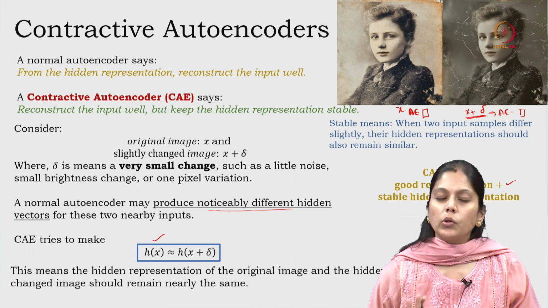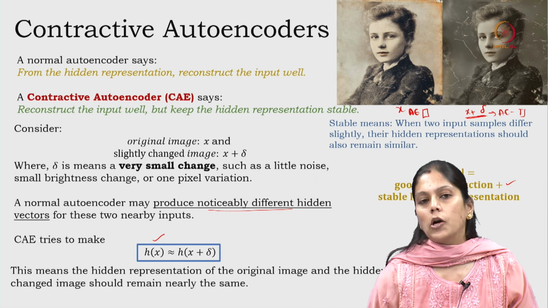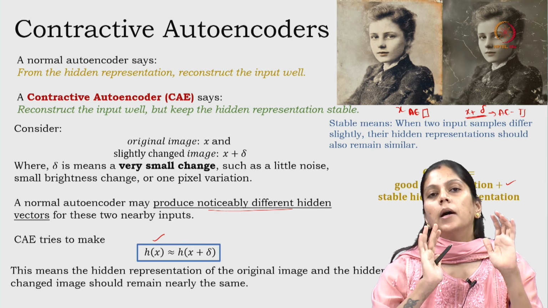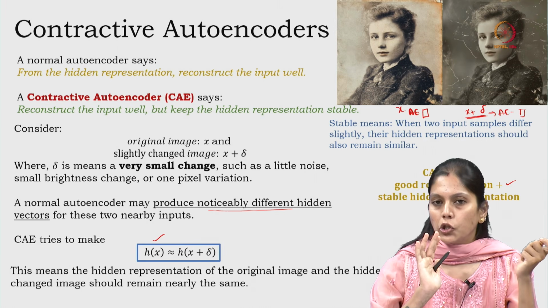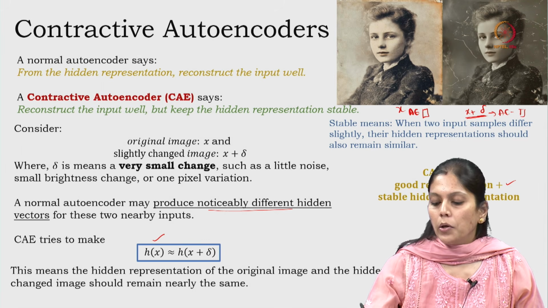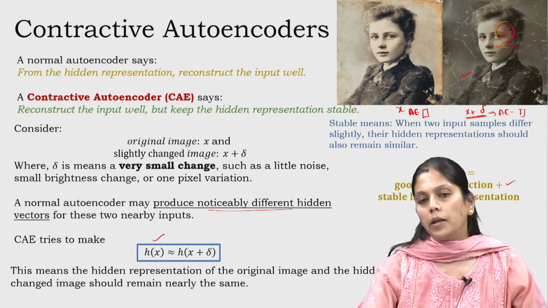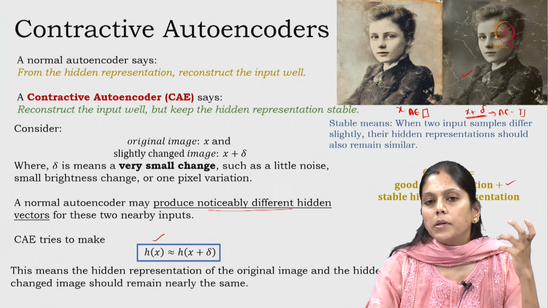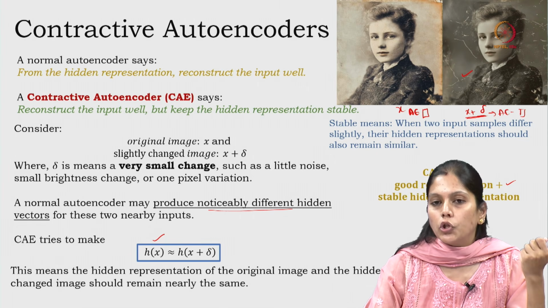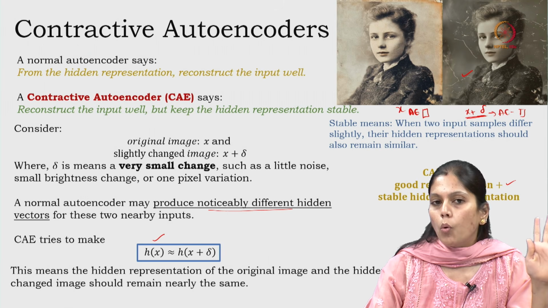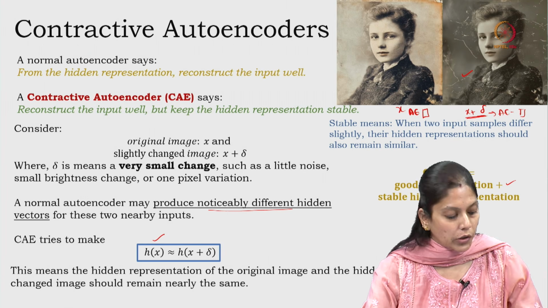So, this is the overall theoretical concept. When there is a slight change in the input, then the hidden representation should not vary much, is what the contractive autoencoder ensures.